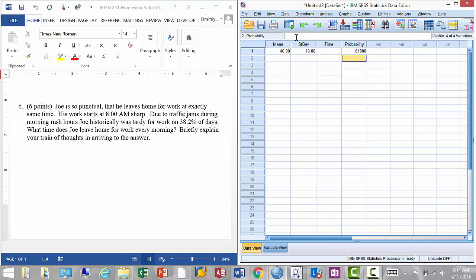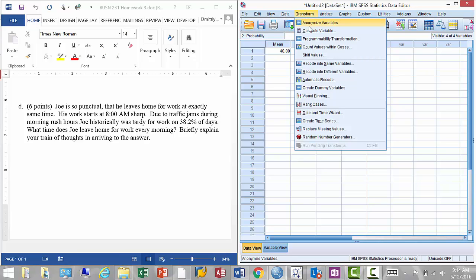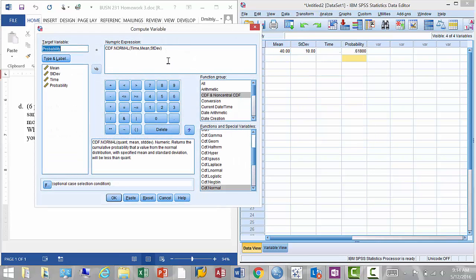If I remember correctly, 0.618 in the left tail. Okay, so on 61.8%, he makes it under that time, right? So he's not late, but 38.2%, it takes longer.